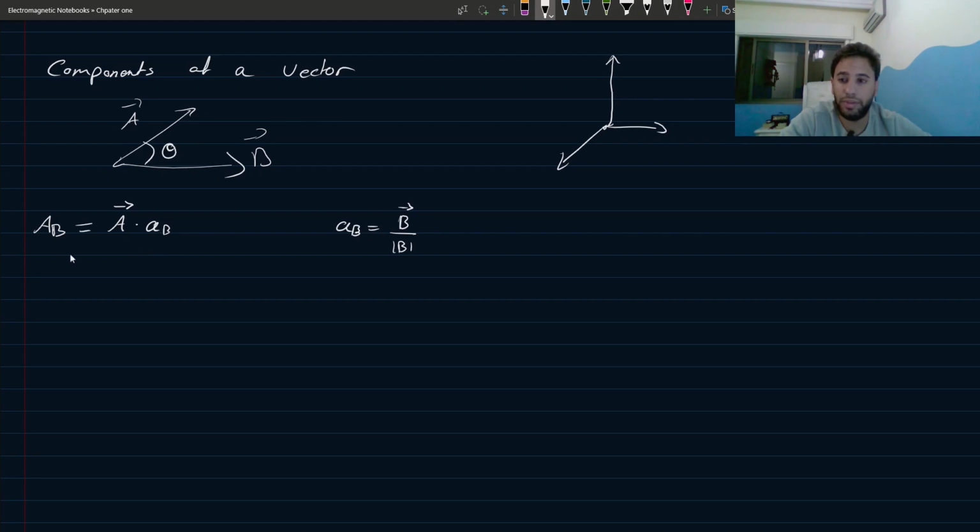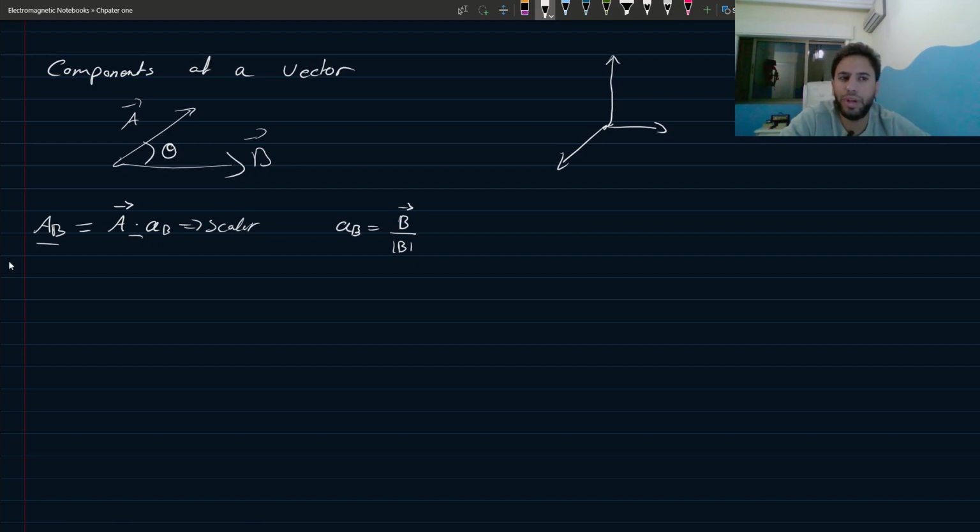And this will give you the B component, the component of A along B. And this is a scalar quantity because of the dot product.